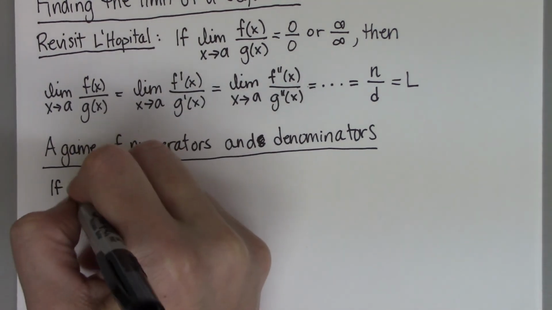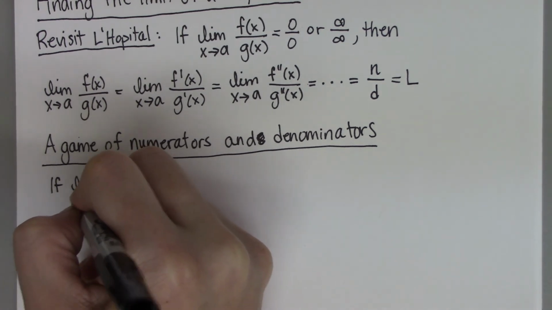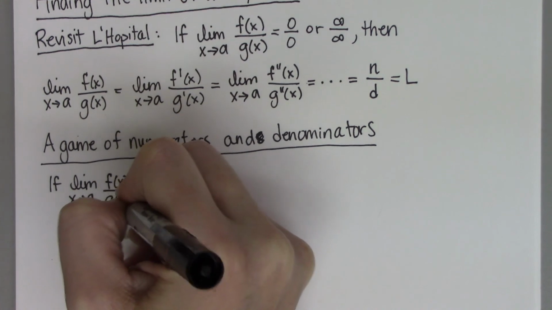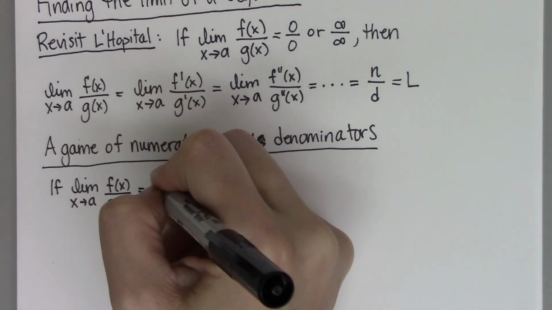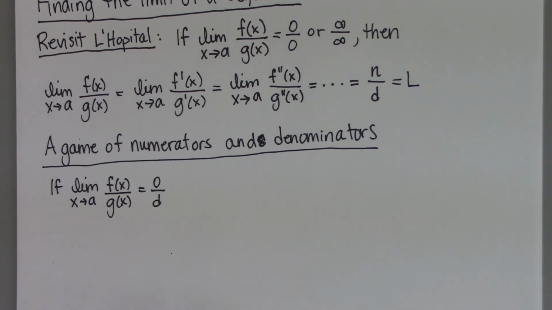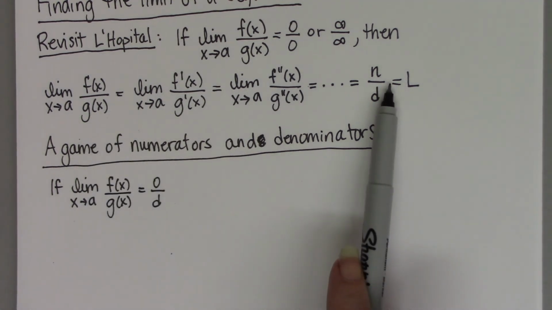So what if you run out of 0 over 0 situations, and the limit gives you a 0 in the numerator, but a constant in the denominator? Now, what I'm saying here is, I'm assuming that all we're comparing is the far left side of the equation with the far right side of the equation.